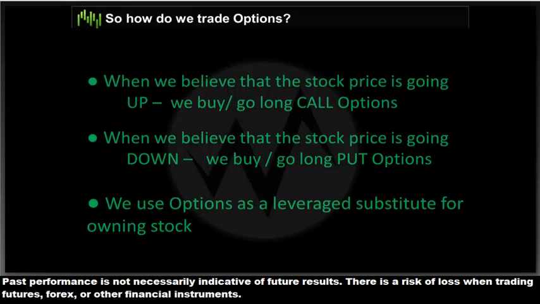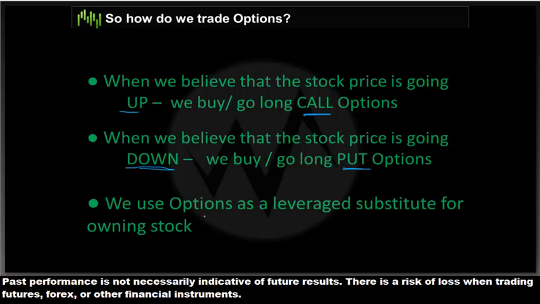But for tonight's webinar, we're going to keep things very basic. We're going to be discussing calls and puts as directional option trades. Basically, when we believe that the stock price is going to go up, we buy or go long call options. When we believe that the stock price is going to go down, we buy or go long put options.